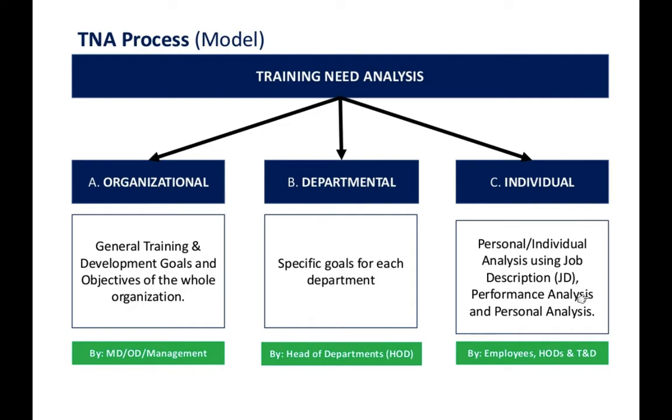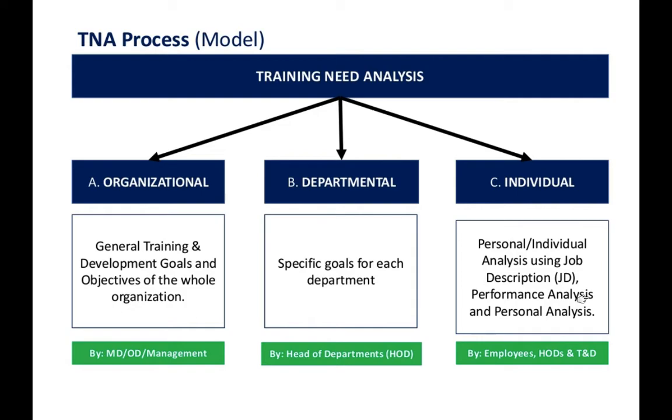And then the third one is individual TNA. This is personal individual analysis. Basically, HR, learning and development, will use the job description or the JDs as a guide. They also use the performance analysis so that they can continue checking the performance of the people.